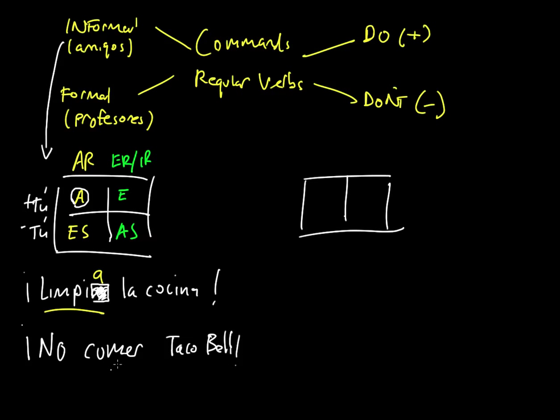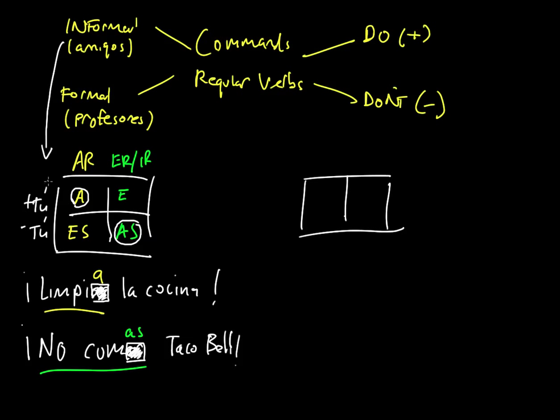Okay, so if we look at this verb, it's the infinitive, and so we're going to take off the ER, and now we're going to select AS because it's a negative tú command, and now we're going to add AS. And so now our command is no comas Taco Bell. Okay, so don't eat Taco Bell.